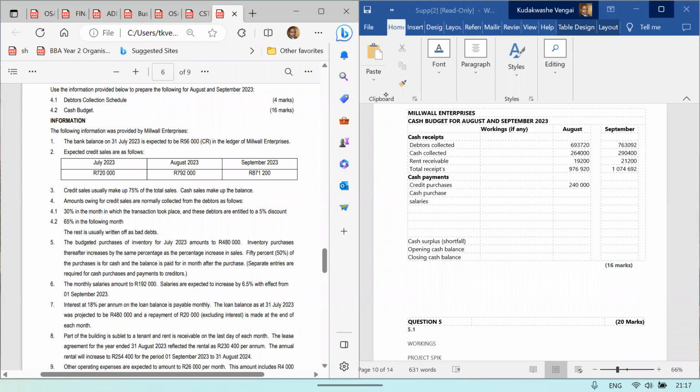We can either calculate the percentage increase in sales and apply it thereafter, but that is a very long method.